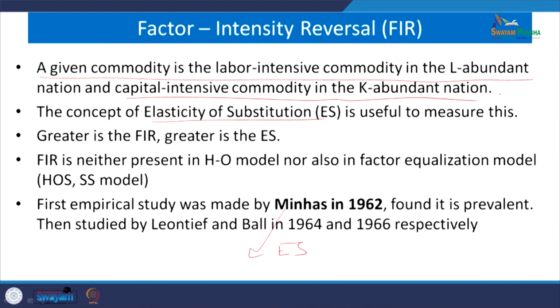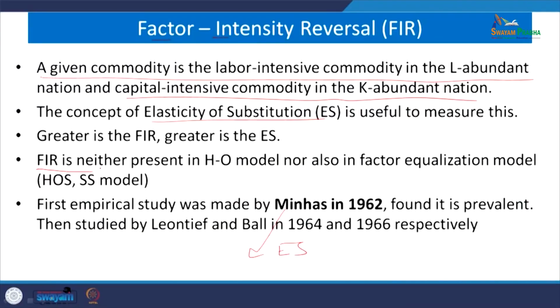It says that factors choose their best options in their engagement, and the skilling part, as we just discussed, is also responsible for their switching over effect. So the concept of elasticity of substitution is useful to measure this, and this is called factor intensity reversal. The intensity of the factors is actually reversed.